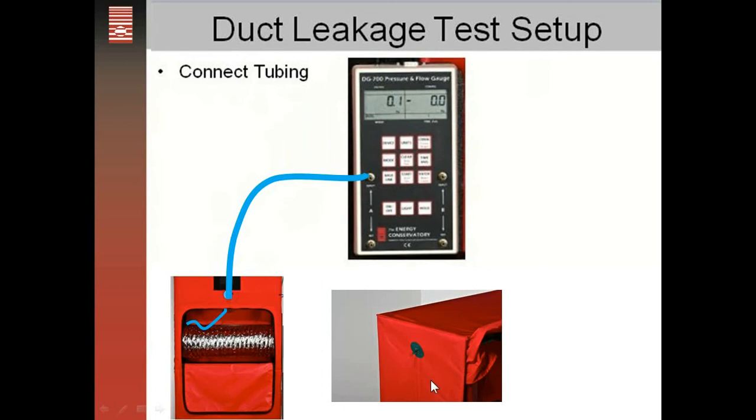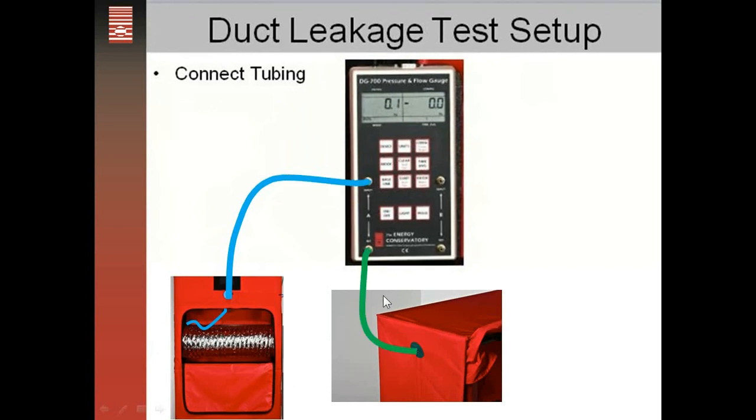So this is similar. If the air handler and your Duct Blaster are set up in an attic space, you do need to run an extra tubing down to the house. So what you're measuring on channel A is the duct with reference to the house. So we do need to run a tube to the house.